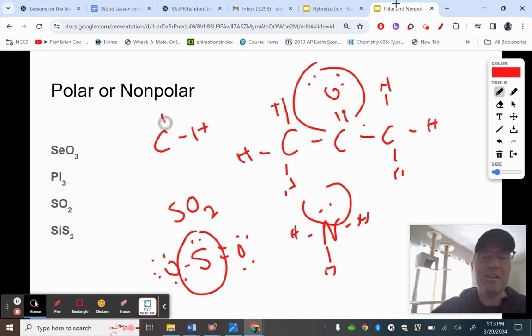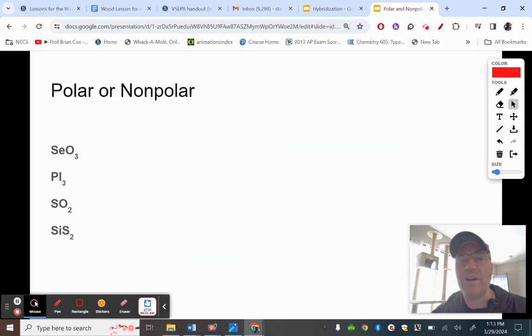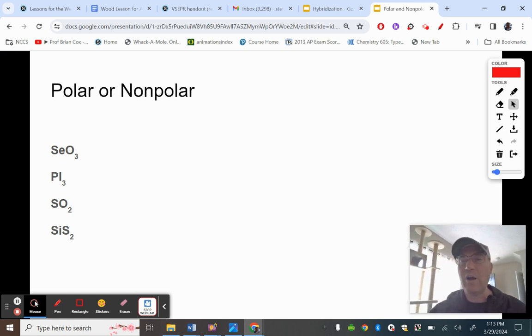If I draw methane, it has a bunch of H's all around it, and they're all the same. Since they're all the same, all the dipole moments cancel out. It is nonpolar. Okay, so when figuring out polarity, you double check your structure. When in doubt, draw it out and make sure that you understand how to do all the polar, nonpolar stuff.